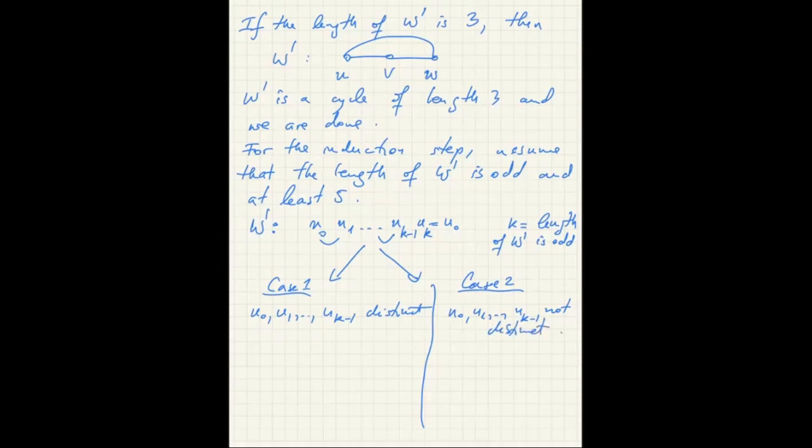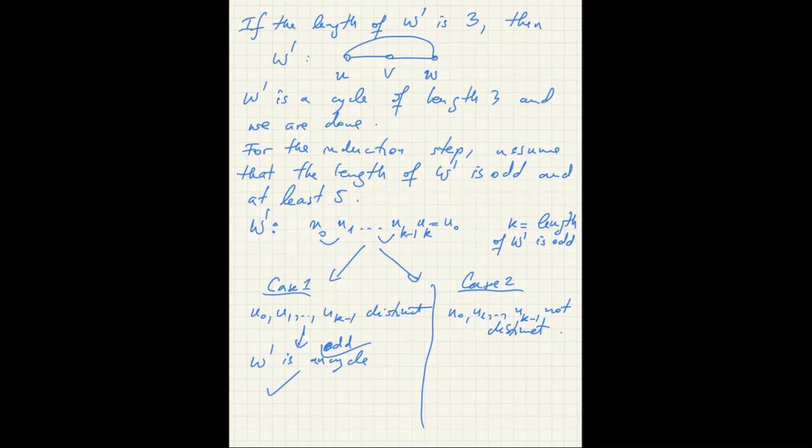In the first case, it's easy because if they are distinct, that means that W prime is actually a cycle, and it is an odd cycle, so then we're done.